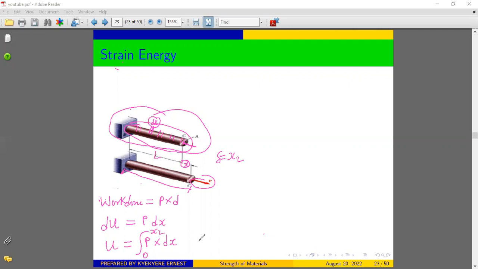And this will give us the total work done in deforming the structure or the material. And this total work done in deforming the structure is what we refer to as the strain energy.